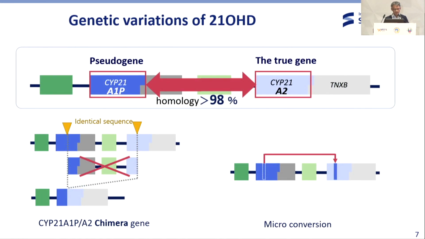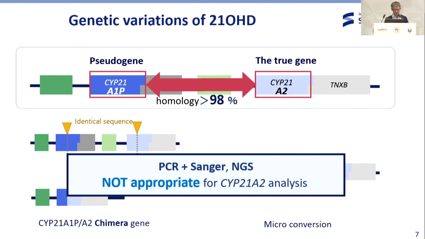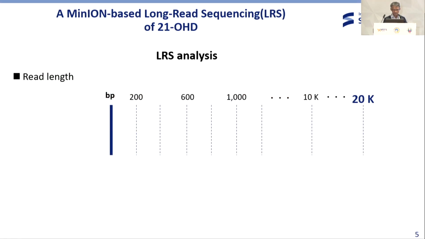Considering the genetic analysis of this gene, this homology causes trouble. Conventional methods, that is, PCR and Sanger or next-generation sequencing, are not appropriate for this gene analysis. Recently, long-read sequencing technique has been developed, and it is quite suitable for the analysis of this gene.